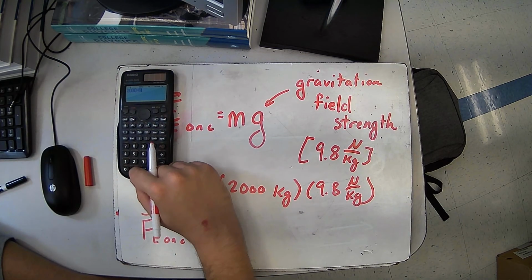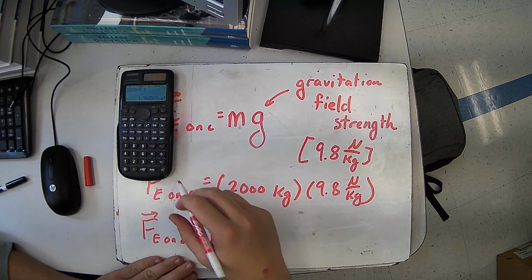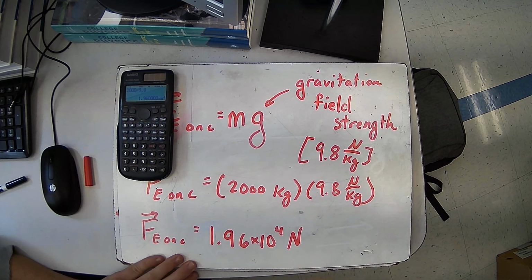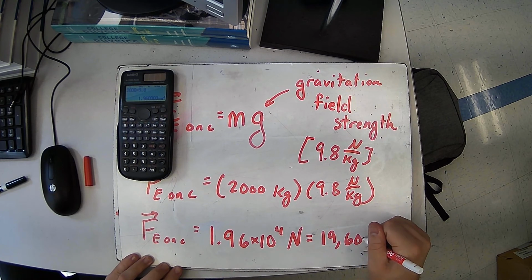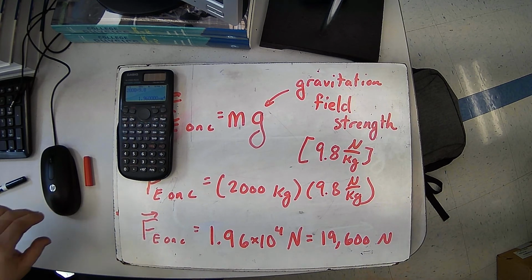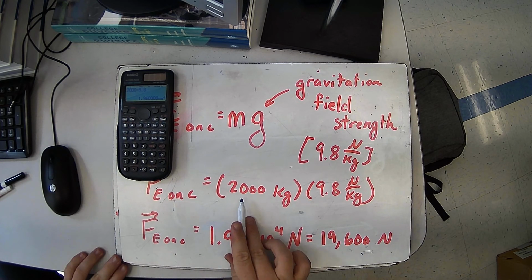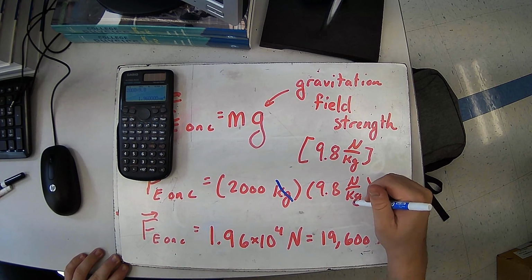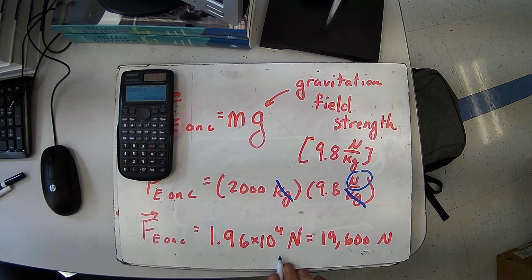So 2,000 times 9.8 is 1.96 times 10 to the 4 is how my calculator is outputting that, newtons, or 19,600 newtons, if we don't want to use scientific notation. Let's look at units here. We had 2,000 kilograms times 9.8 newtons per kilogram. The kilograms here cancels with the 1 over kilograms there, and we're left with newtons overall, which is the unit for force. So that does make sense.